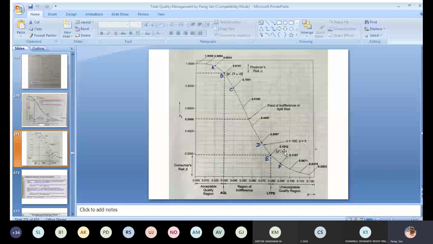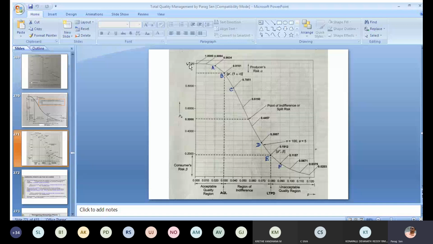Producer's risk and consumer's risk will actually depend upon the value of the proportion defective, but it will also depend upon the characteristics of the OC curve.